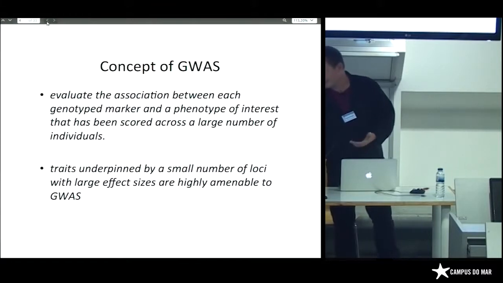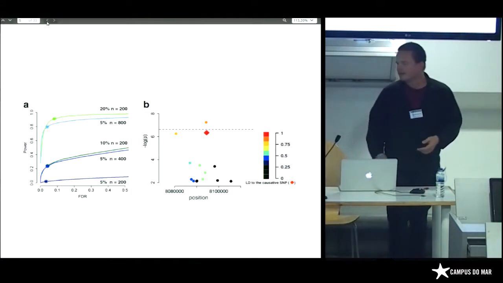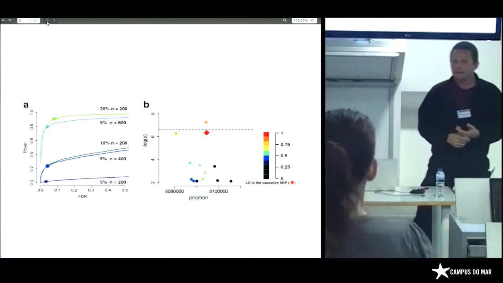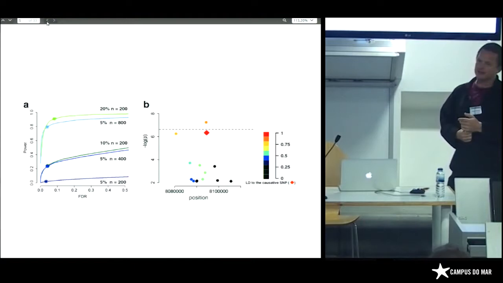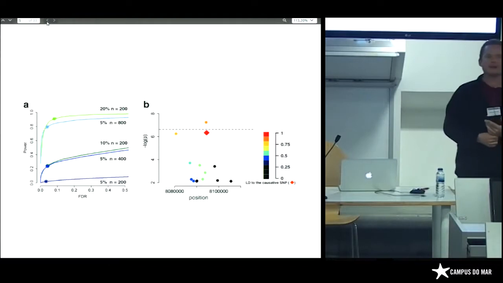Okay. So there are some problems with association scans, and that is that you need a large number of individuals. And so the power to detect an effect is related to the number of individuals that you sample and the strength of that effect.